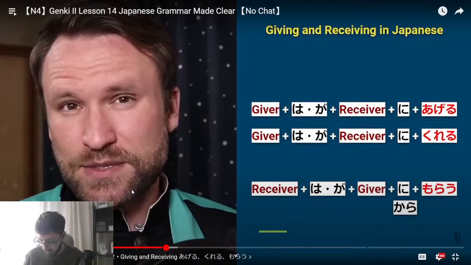And receiver: receiver plus wa times ga, plus giver plus ni, plus morau. Ni or kara. Ni or kara.